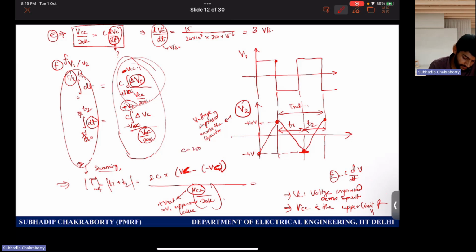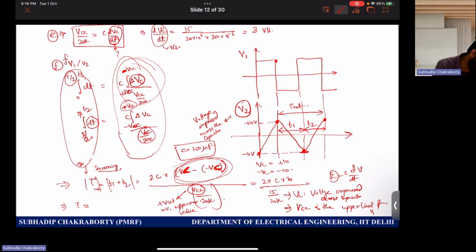So C is 250 microfarad, and it's 2 times, so VC is nothing but plus 10, minus VC is minus 10, so it is 20 times 2. So 2 times C times 20 divided by plus 15 divided by 20. So that will be the answer, which is nothing but T is coming as 40 times 250 microfarad multiplied by 20,000 divided by 15, so it is coming 13.33 seconds.